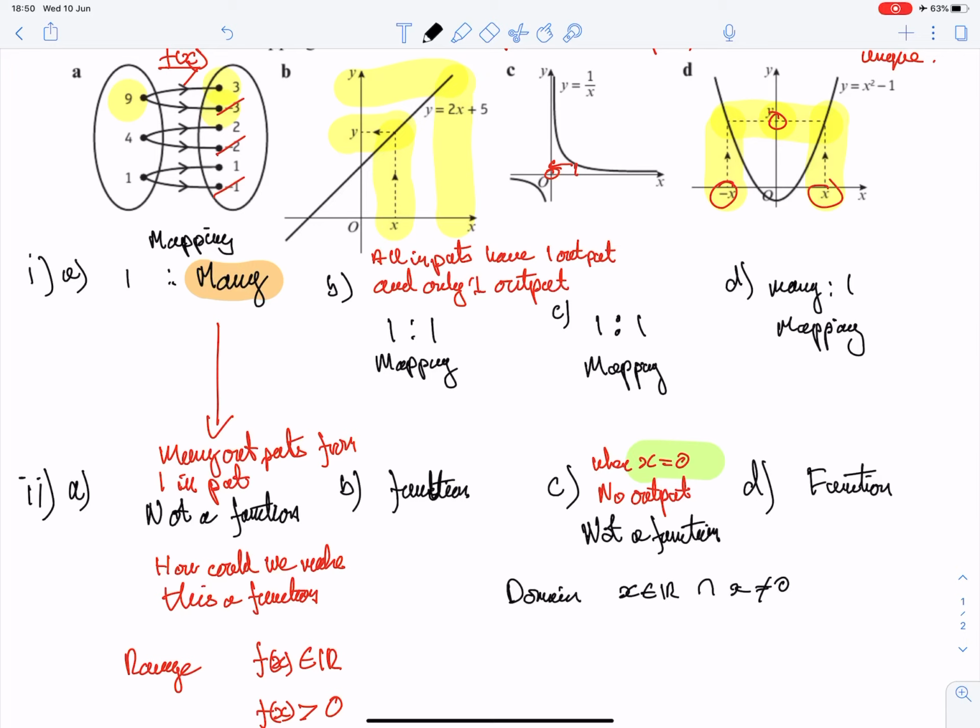And as soon as we rule out the 0, we could put some curly brackets around here to show it's a set of values, and we could even write at the front here, x is such that x is a member of the set of reals, and so intersection with x not equal to 0.